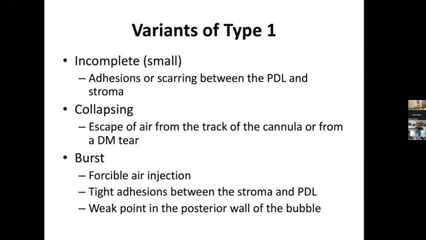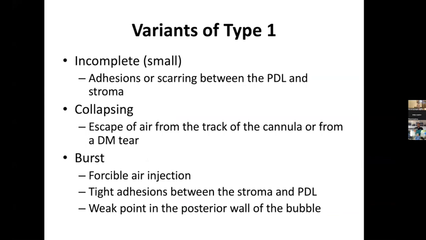So a type 1 bubble is not necessarily a big bubble. It may be a small bubble if there are adhesions or scarring between the predescemetic layer and the stroma. Also, a type 1 bubble may be a collapsing bubble. If you just withdraw the cannula, you will find that air escapes from the track of the cannula or from a Descemet membrane tear.